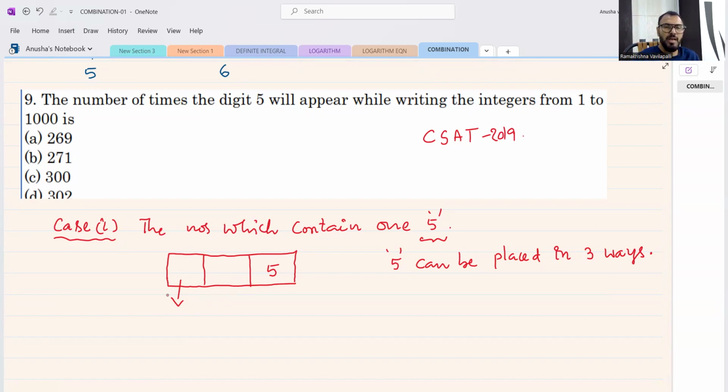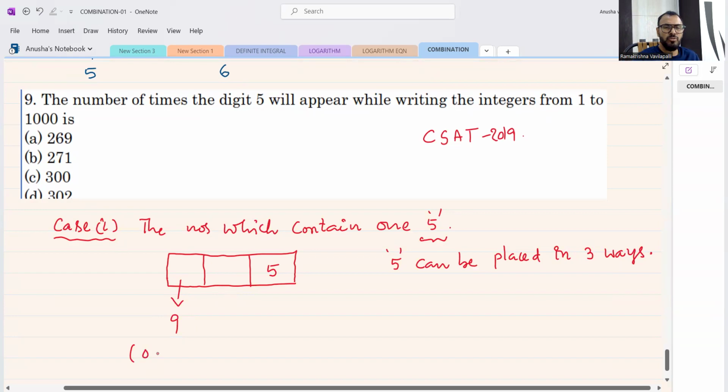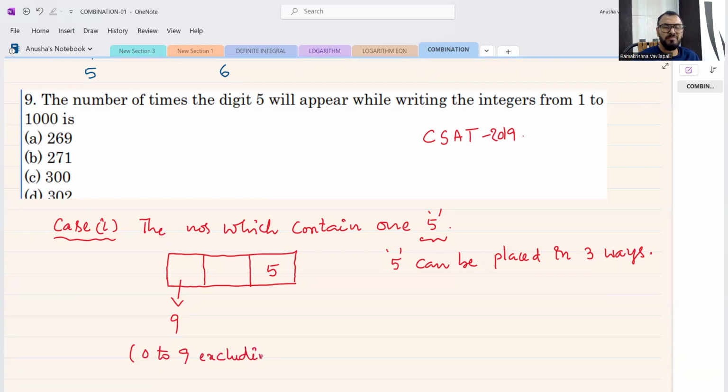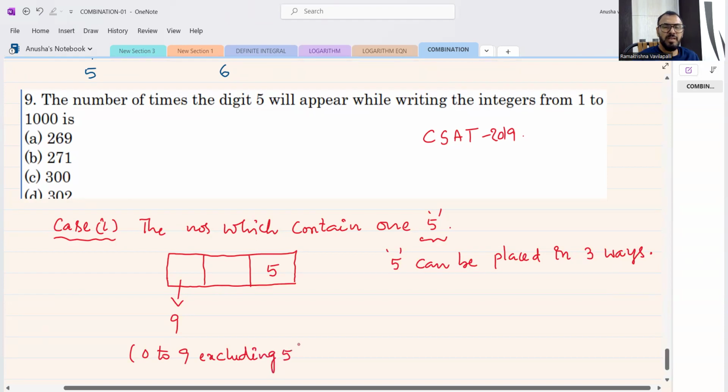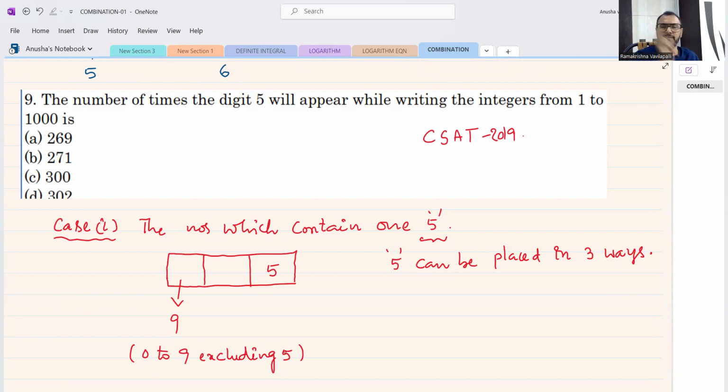Now this place can be filled in 9 ways: 0 to 9, excluding 5, because we want to write all the numbers which contain only one 5. Single-digit numbers, 2-digit numbers, 3-digit numbers. The second box can also be filled in 9 ways, same, 0 to 9 except 5.